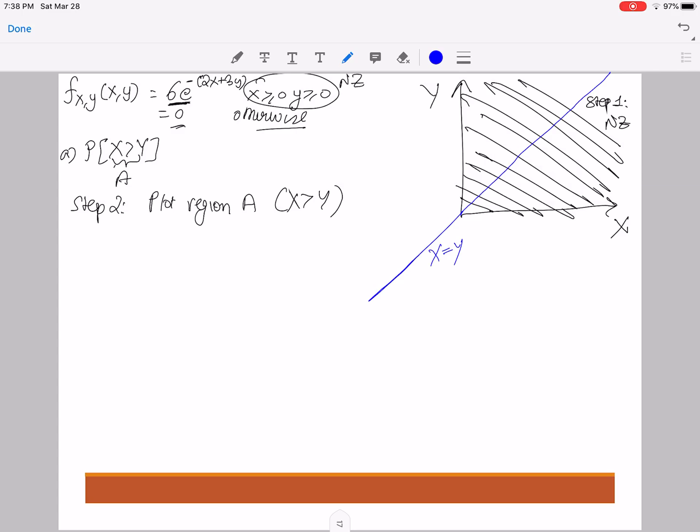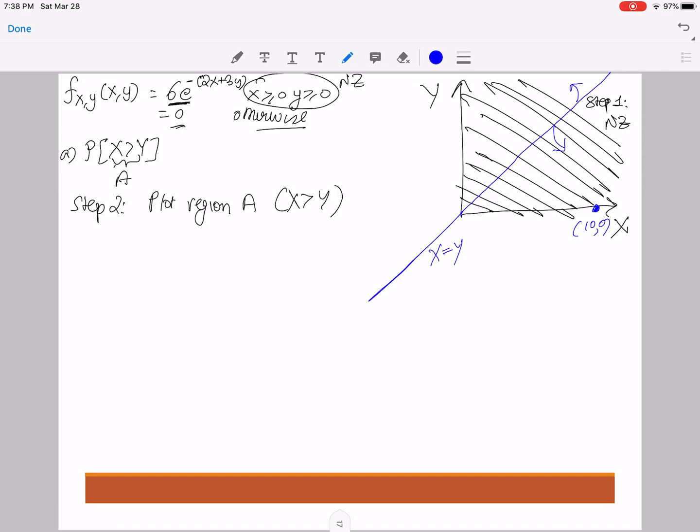Now, the region either above this line or below this line is going to correspond to x is greater than y. In order to find that, there are numerous methods, but I tend to use a very simple empirical method, which goes something like this. I'll randomly select a point on the x-axis, let's say a far away point here. Let's say it is 10, 0, where x is 10 and y is 0.